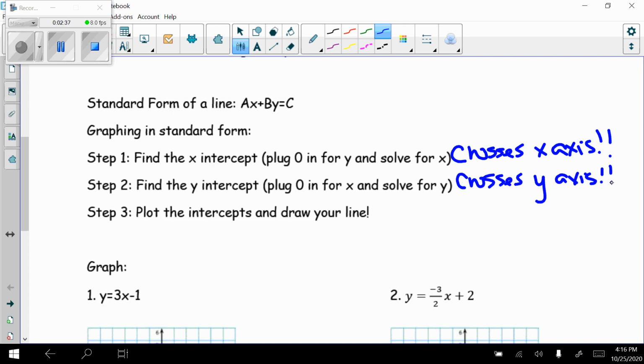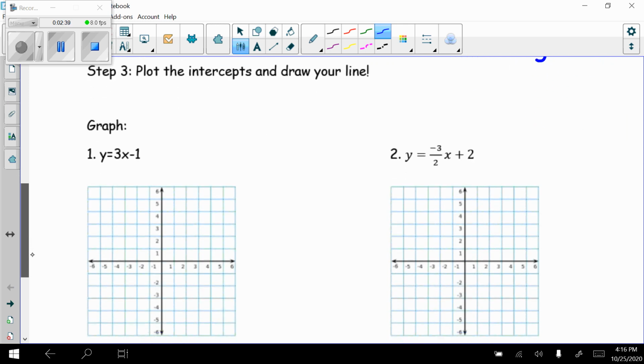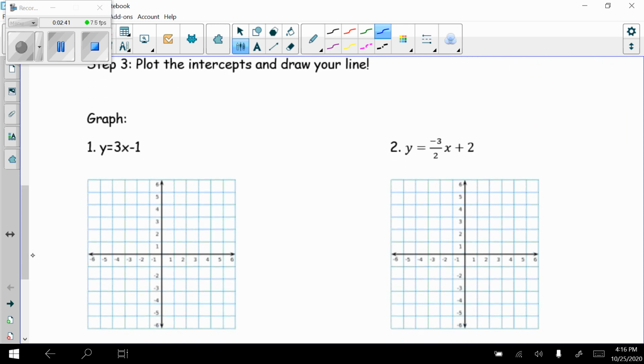Okay, so let's start out. Number 1, y equals 3x minus 1. So first we have to determine, is this in slope-intercept form or is this in standard form? This has y on a side all by itself, so this is slope-intercept form. If it's in slope-intercept form, we can quickly identify our slope and our y-intercept.